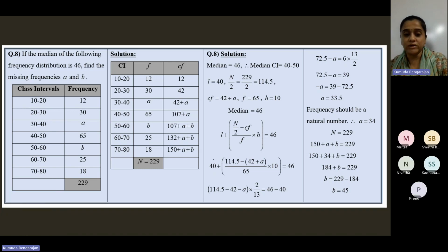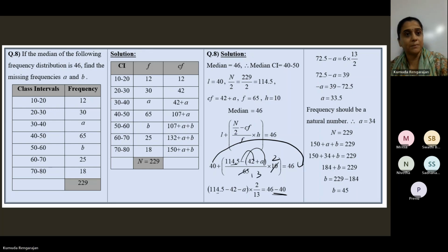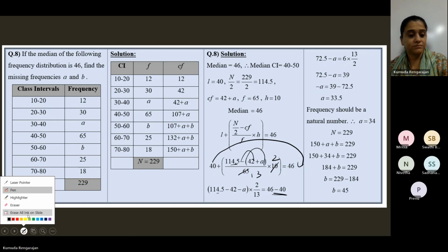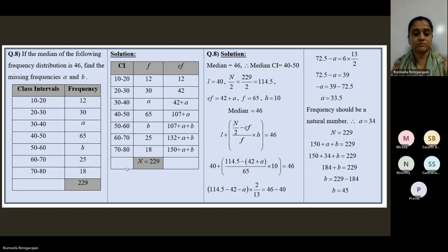And as I told you earlier, this 40 will first go to the other side as minus 40. Correct? And then here it will be 114.5, then minus 42 minus A. This one cancels: 5 2s are 10, 5 13s are 65.